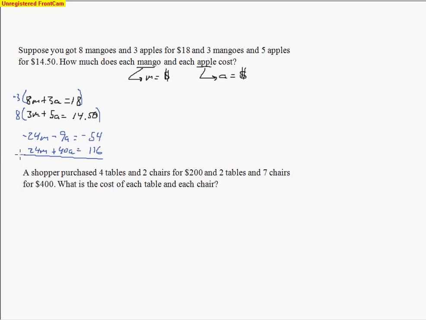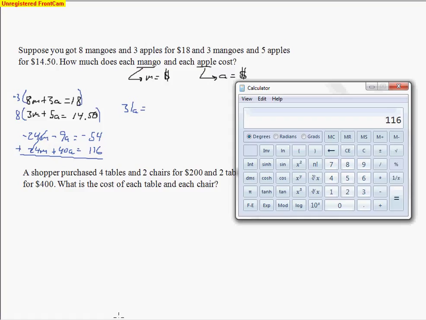So when I add these two equations together, notice how the 24M's are going to cancel. So I have 31A equals, and I'll pull up that calculator again, I'll subtract that 54, since they're opposite in sign, leaves me with 62.